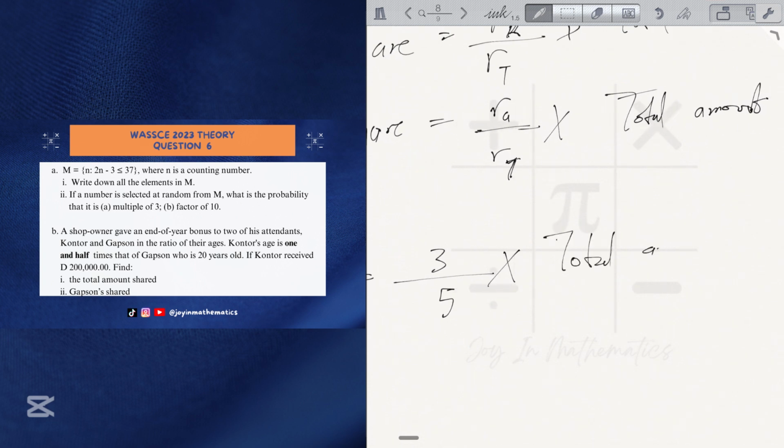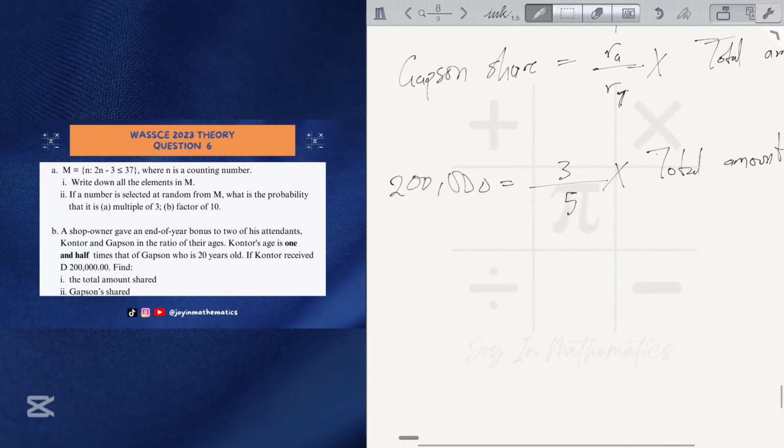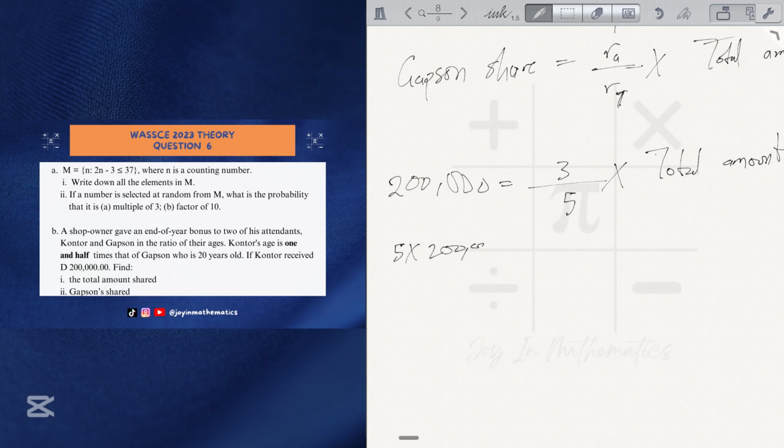So with this expression now, we can find the total amount being shared. If you cross multiply, we will have 5 multiplied by 200,000 is equal to 3 multiplied by the total amount.